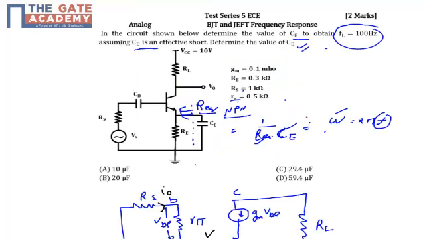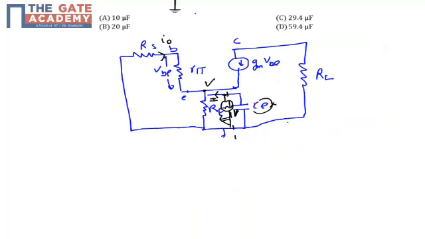Why? Because we are trying to find the R equivalent. Whatever value of R equivalent we get, we just multiply that value with our CE. Okay, that's why we are ignoring CE here. So now let's apply the nodal analysis at node V. Apply nodal at V. So you can see that the incoming current IB is incoming at this node.